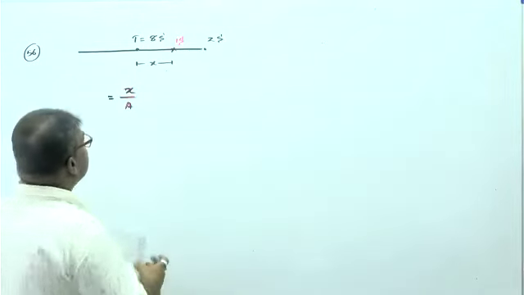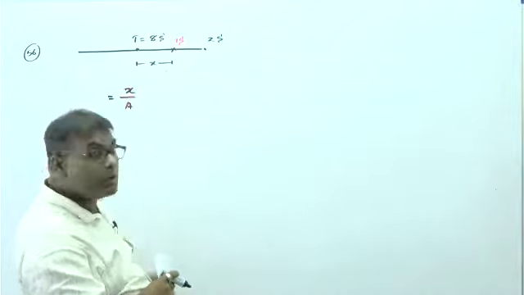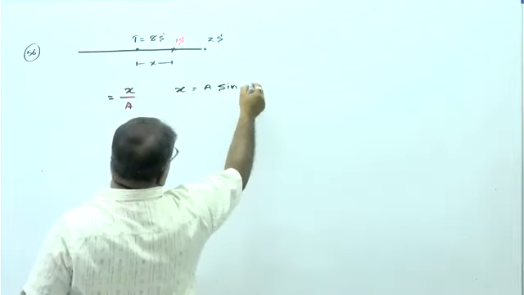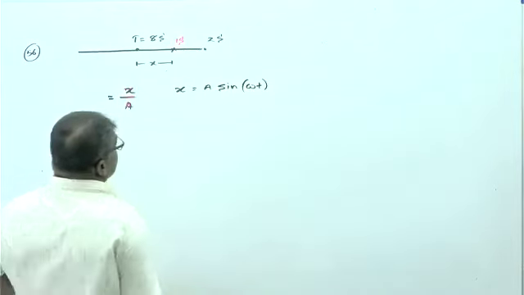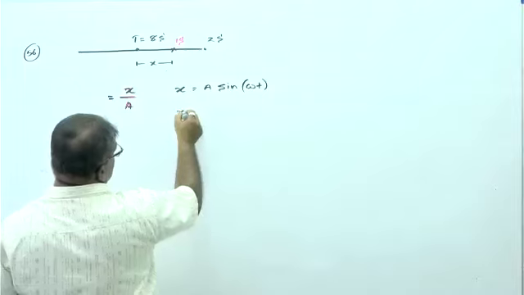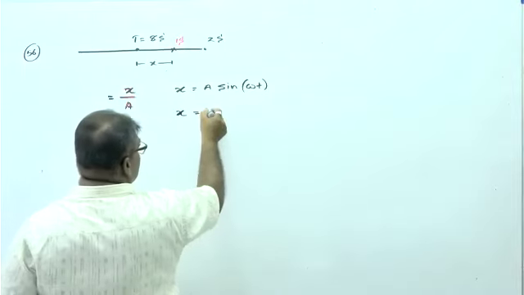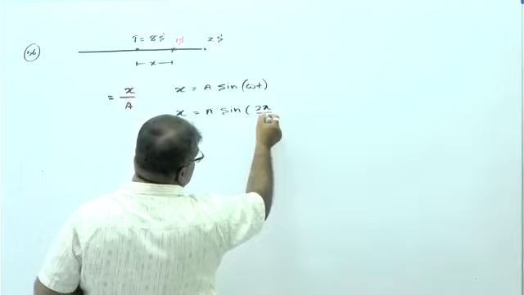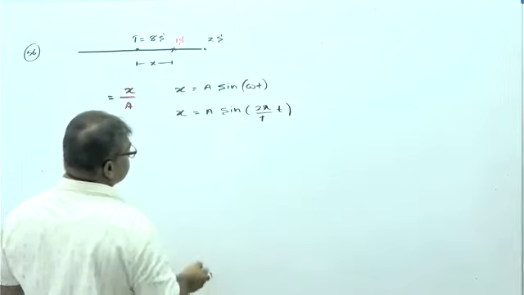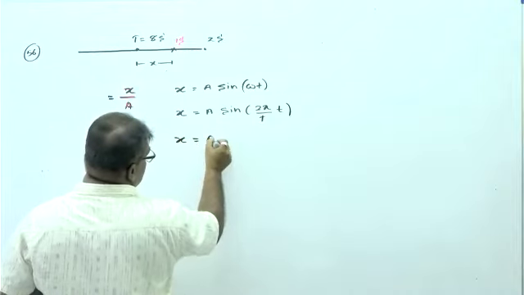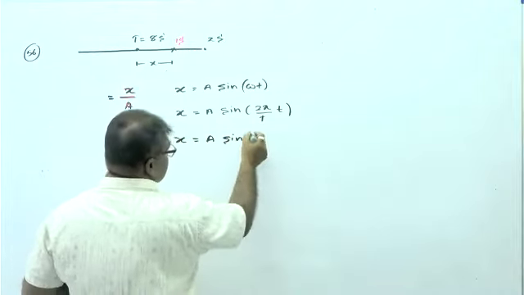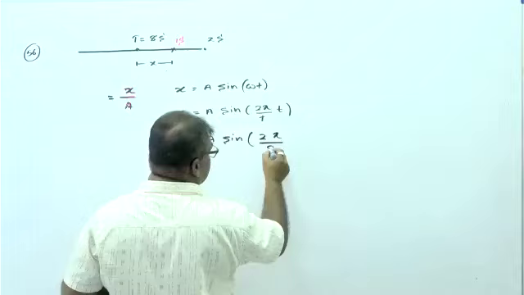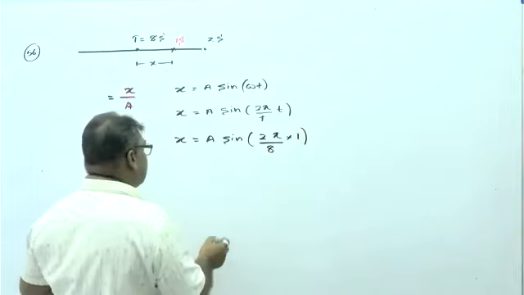Then we can find x first. How? x equals a sine omega t. x is the value needed, a is the amplitude, so x equals a sine 2 pi over T into t. T is the 8-second periodic time, just after 1 second.